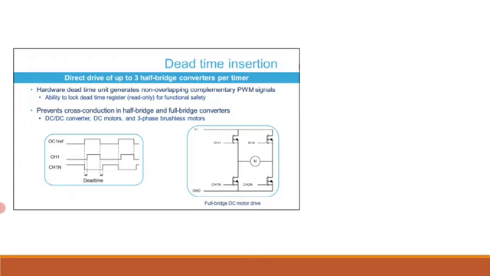The dead time duration is programmed with an 8-bit value. This value can be locked by the user to prevent this critical value from being corrupted during runtime. This is done by setting a write once lock bit, which switches the dead time register into read-only mode until the next MCU reset.